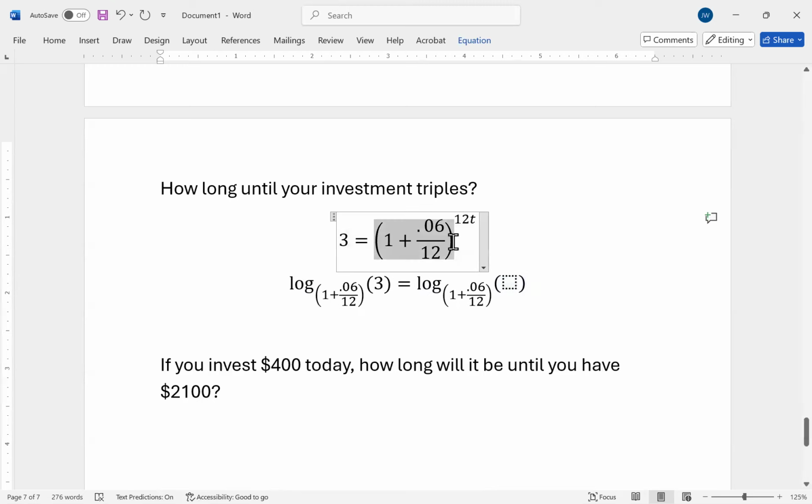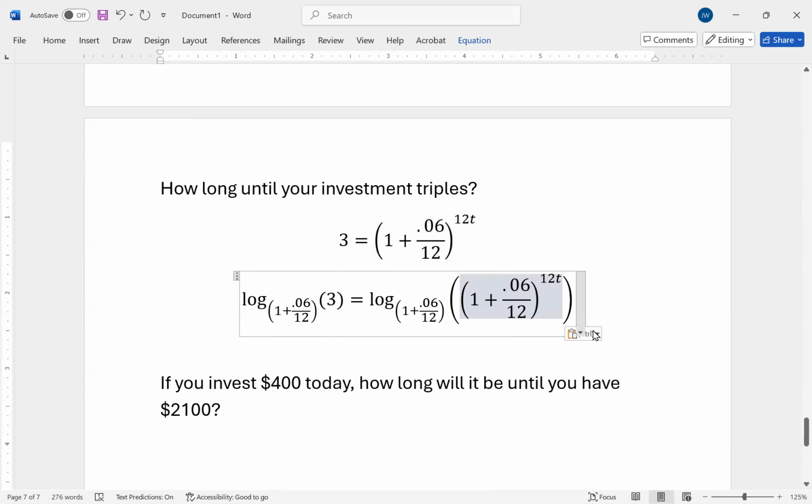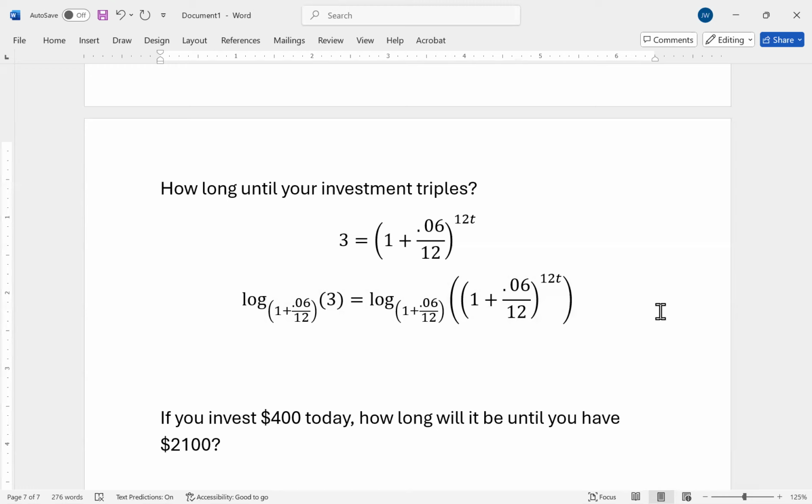My right-hand side is (1 plus 0.06 over 12) raised to the 12t. Put that all inside there. And then this is what happens. If we use this ugly base, this 1.06 over 12 log will cancel out with this base of my exponential. And what I would end up with on the right-hand side is simply 12t.